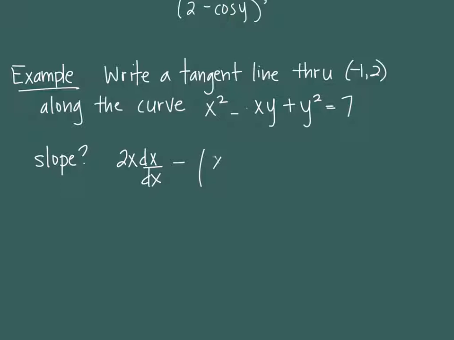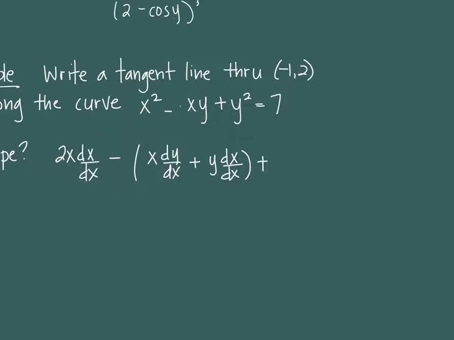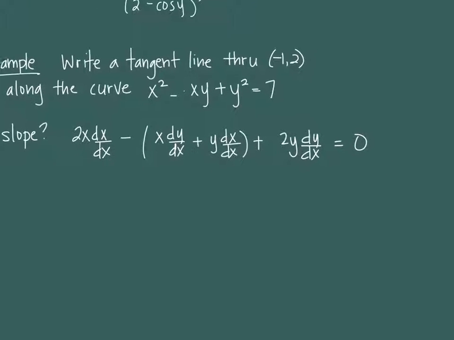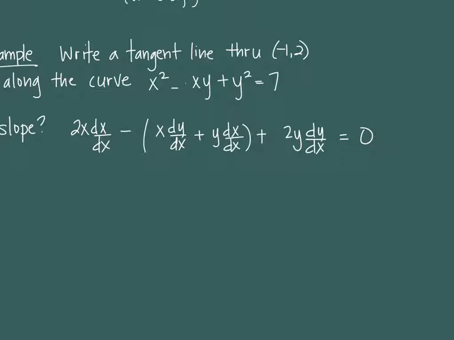So that will be x by itself times dy/dx plus y by itself times dx/dx, plus y squared. The derivative of that is 2y dy/dx, and then the derivative of 7 is 0. So I have a couple dx/dx's, which are 1.